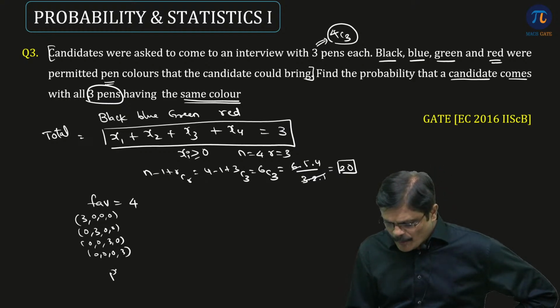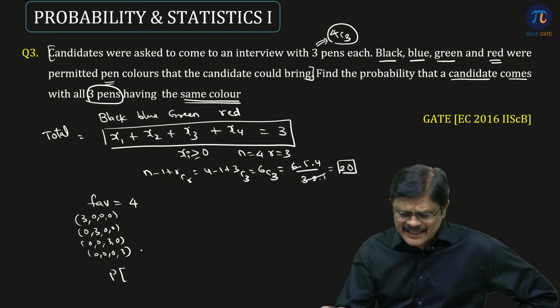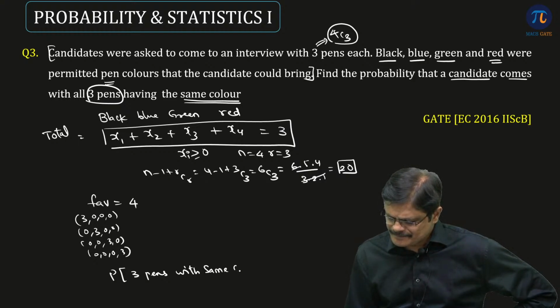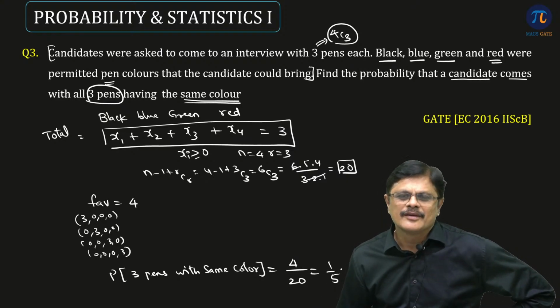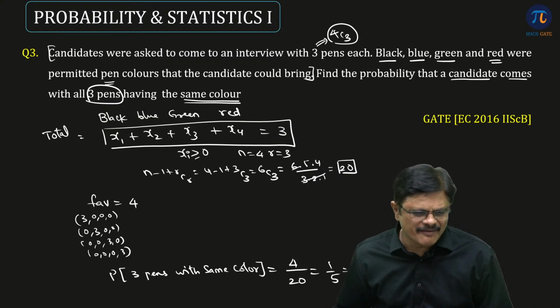The probability that the candidate comes with 3 pens of the same color is favorable by total, which is nothing but 1 by 5, that is 0.2. So that is the answer for this problem, my dear friends.